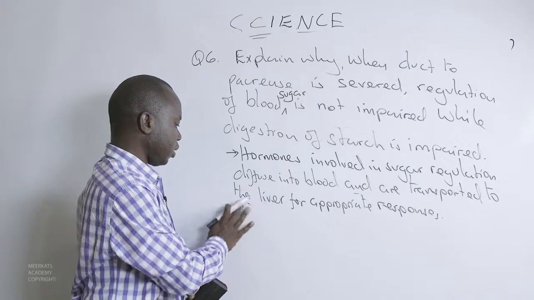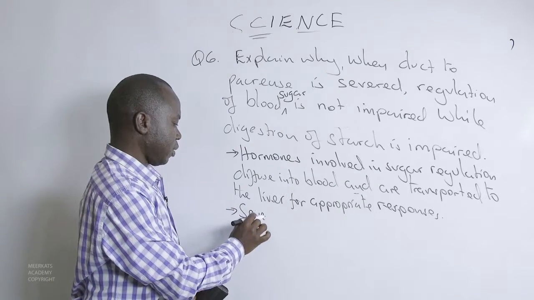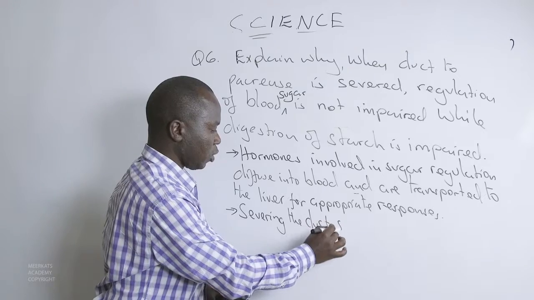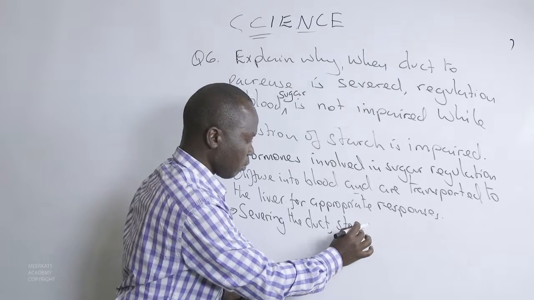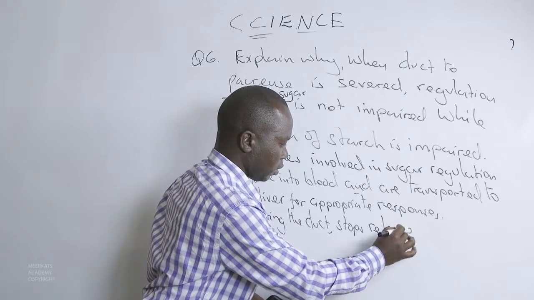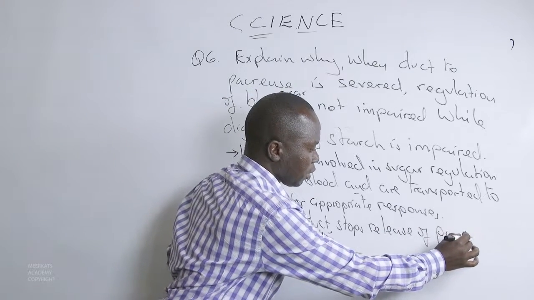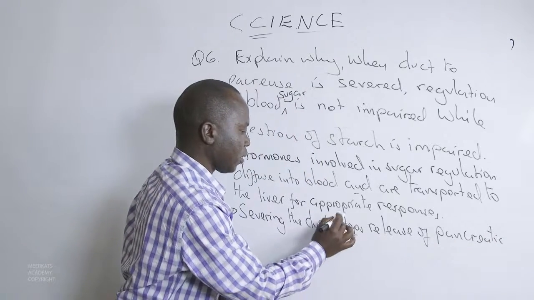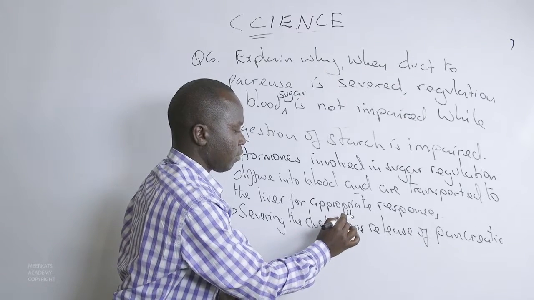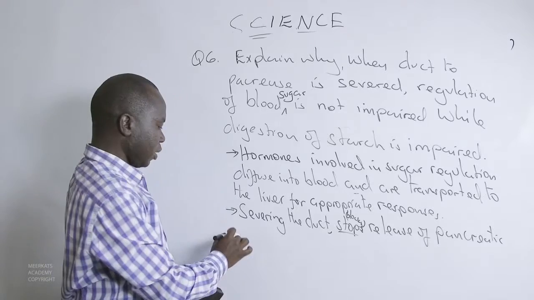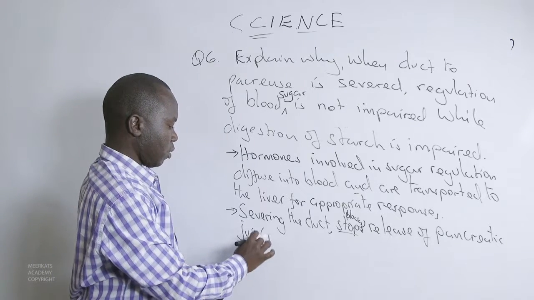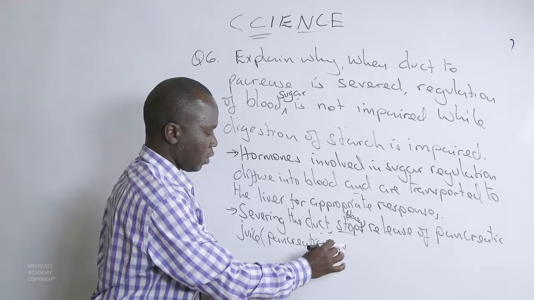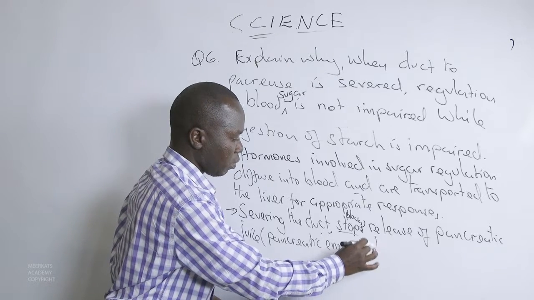So cutting or severing the duct stops or blocks release of pancreatic juice or pancreatic enzymes into the duodenum.